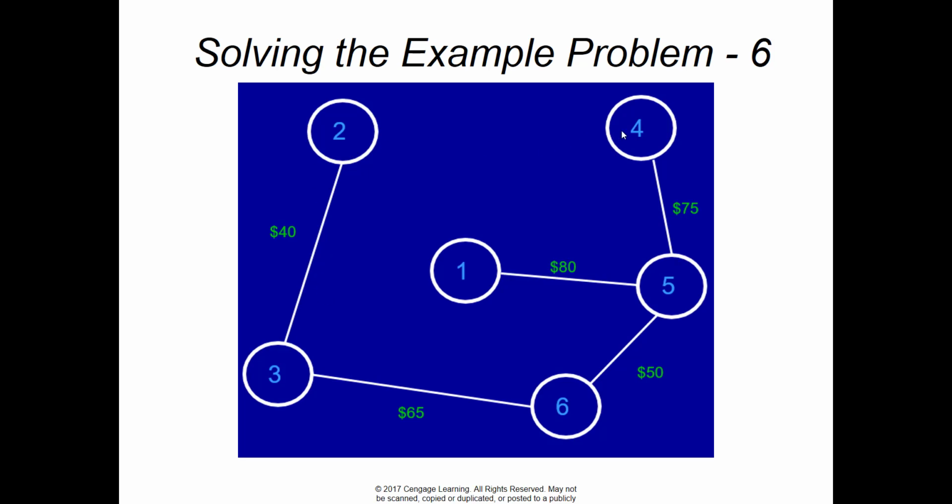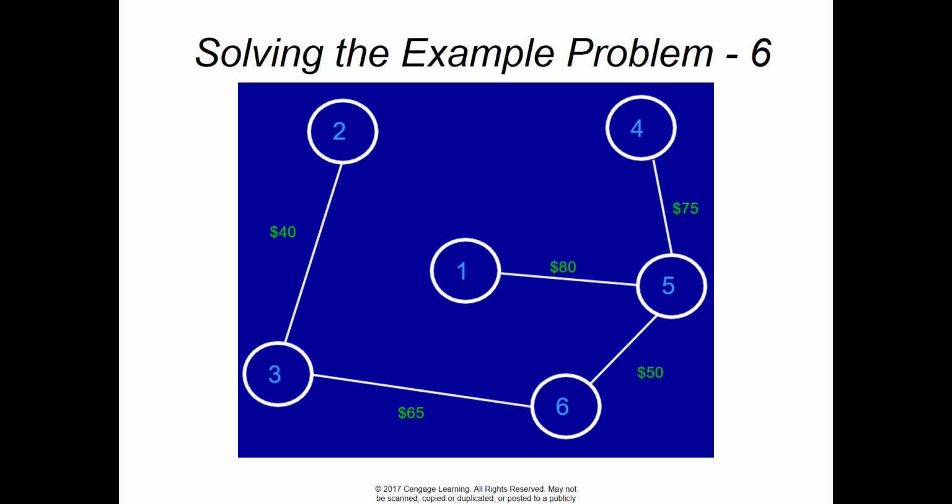You can see that there is no loop, but I have connected all the nodes to each other. So this is the last problem of this chapter, and you have seen several examples of the network flow problem.